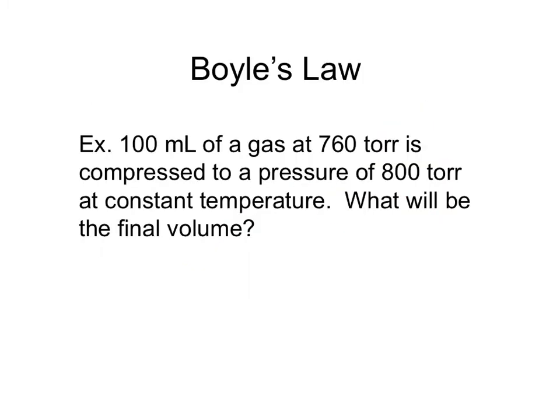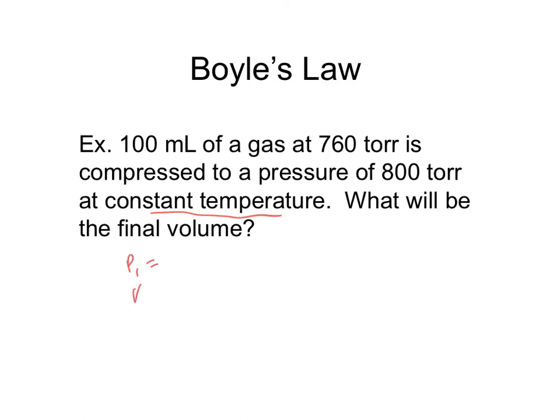All right, so in terms of a calculation, you've got your constant temperature. You have 100 mL. What is the final volume if the pressure goes from 760 to 800? The best thing to do with these gas problems is just to make a list.